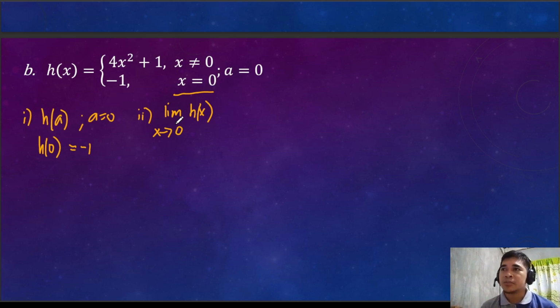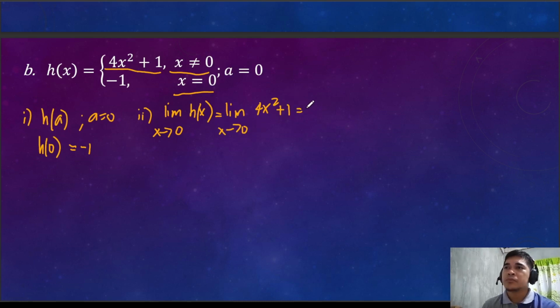So we need to use the limit of 4x squared plus 1 as x approaches 0. So we have 4 times 0 squared plus 1. The answer is 1.